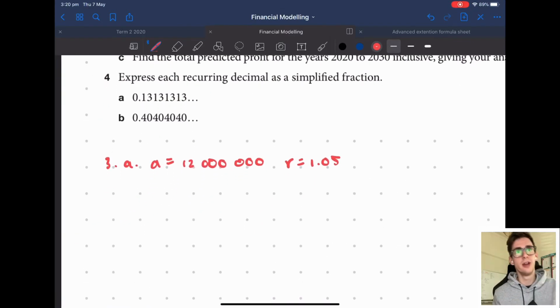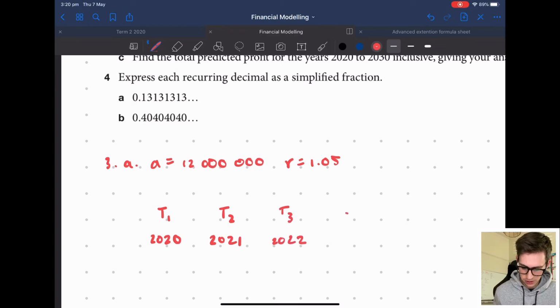Term 1, and I generally do this when I deal with dates and terms because I get really confused by it myself. Term 1 is 2020, and that's A, that's my starting term. 1 year after that is 2021, so that must be term 2. Okay, term 3 then must be 2022, and term 4 must be 2023.